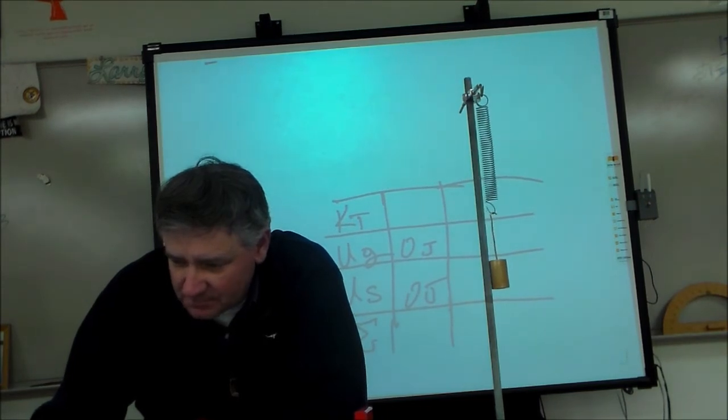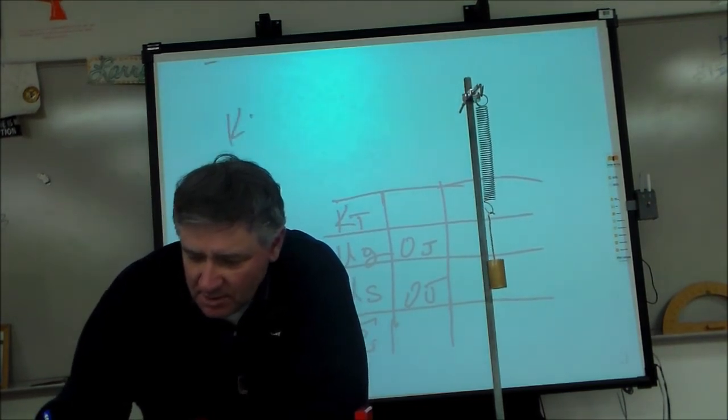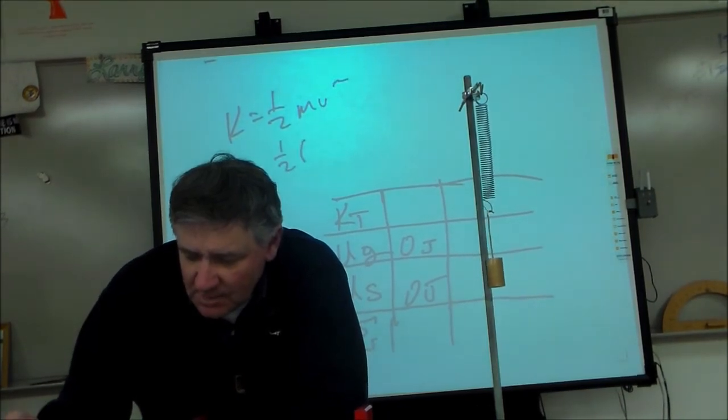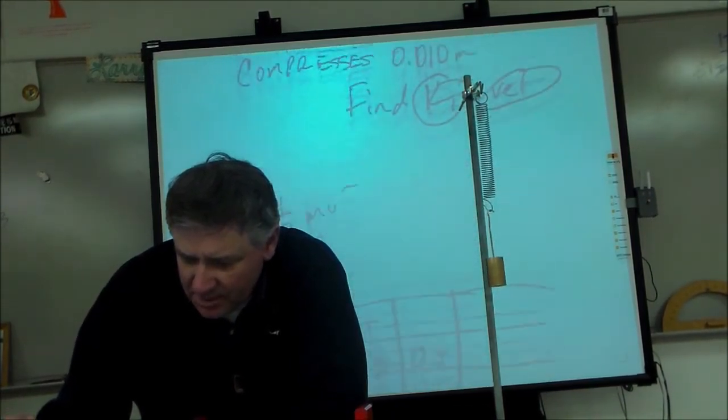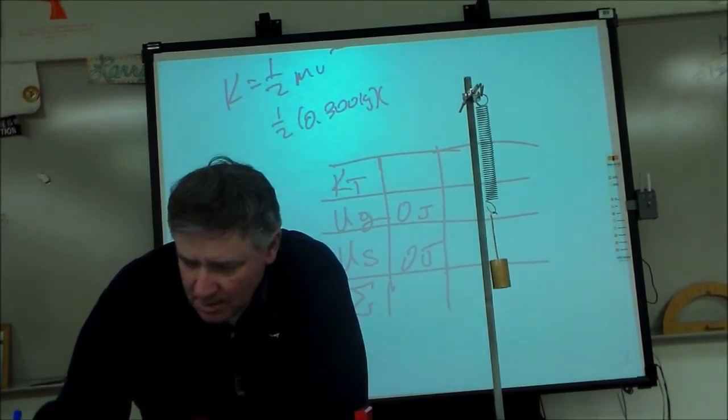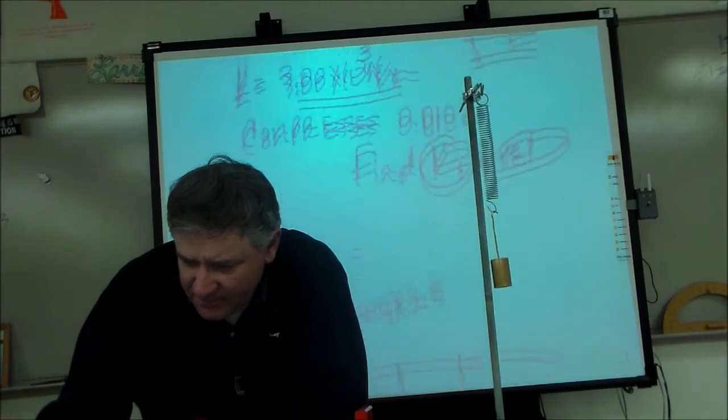So that's going to be 1/2 mv squared. Mass was 0.3 kilograms, and the velocity was 2.5.